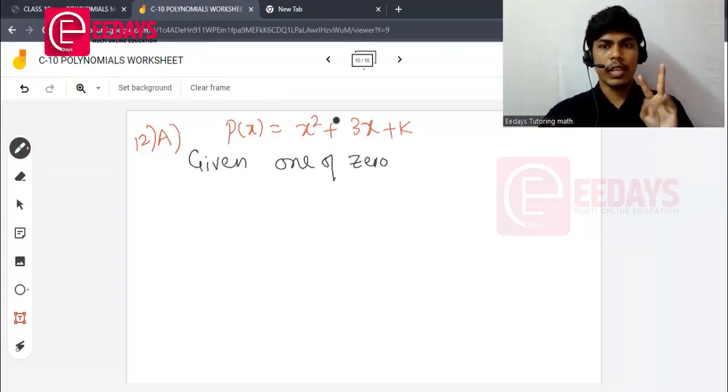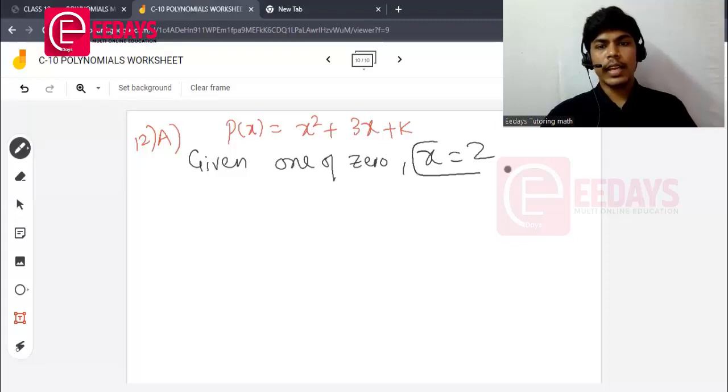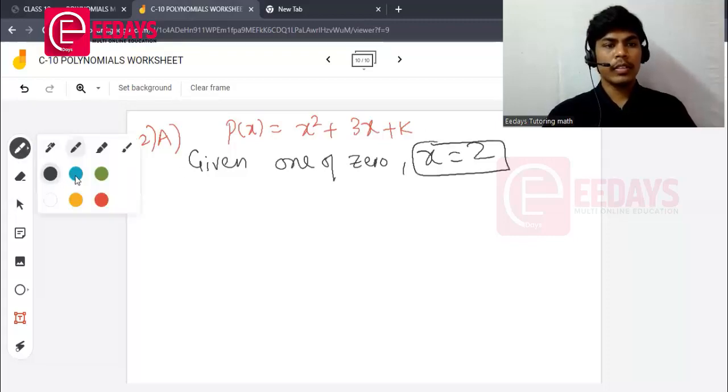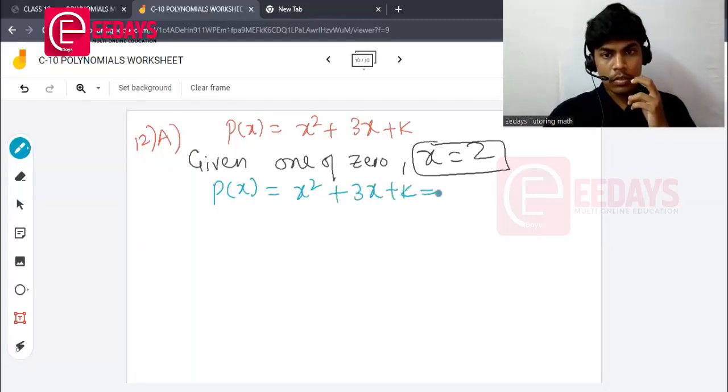That's why you have two zeros, alpha and beta. x is equal to 2, so you just take x is equal to 2 in the polynomial equation x square plus 3x plus k is equal to 0.